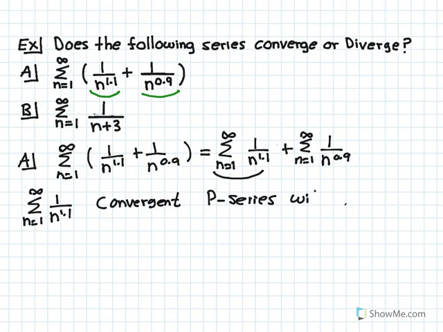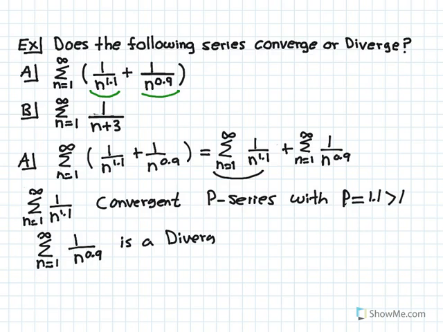However, the second series, summation n equals 1 to infinity 1 divided by n to the 0.9, is a divergent p-series with p equal to 0.9, less than 1.